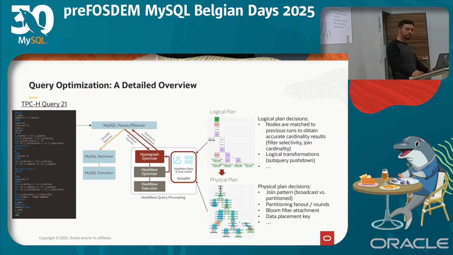But if you do a DDL, you need to disable HeatWave, do your DDL, and then reload. The reload is very fast, but you cannot modify a table online while it's loaded. You can insert rows, that's no problem, but if you do a full DDL, then yes, that means a reload.